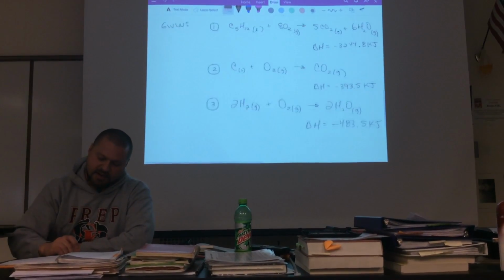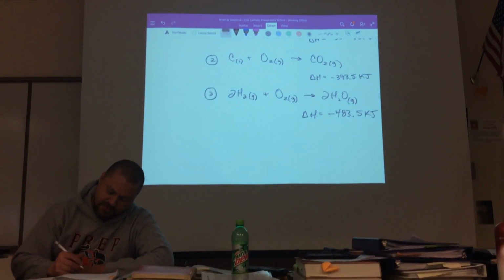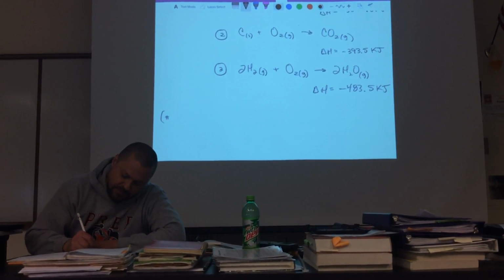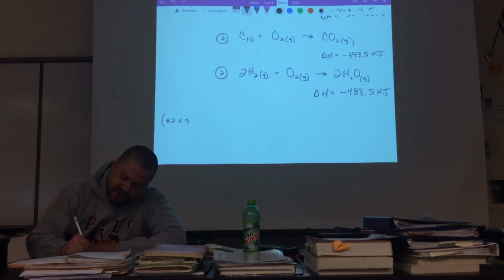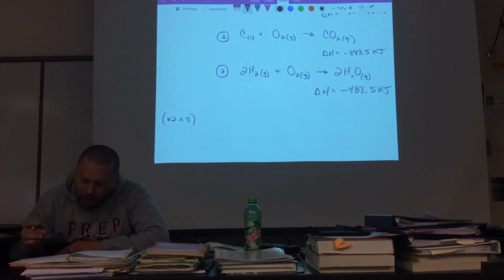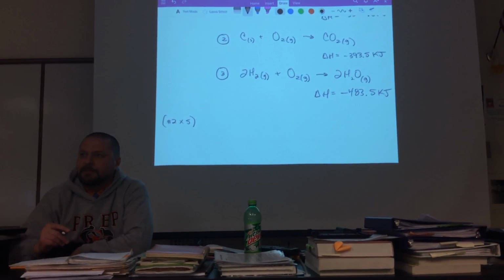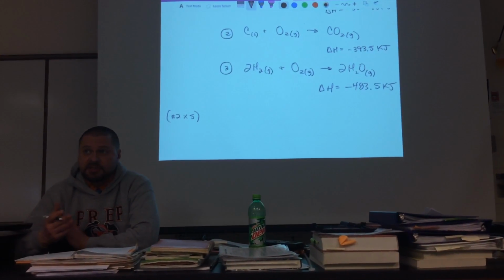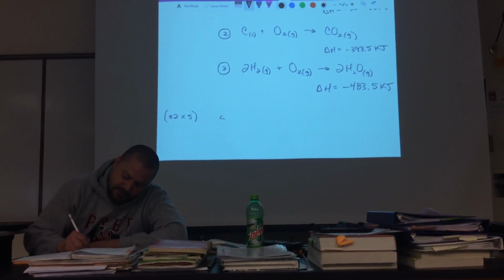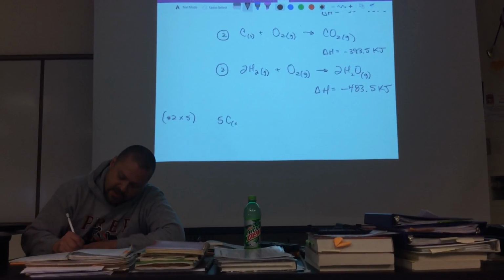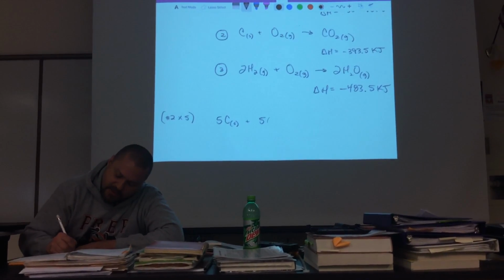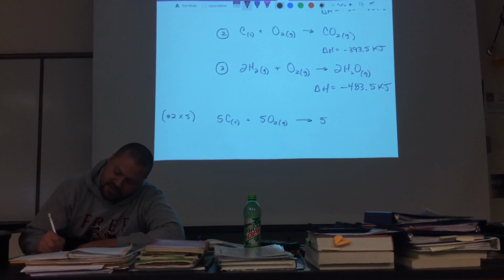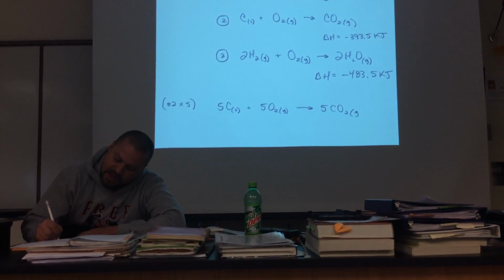So I'm going to take equation number 2 and multiply it times 5. Very good with that? What that gives me is all the coefficients multiplied by 5. So I get 5C solid plus 5O2 gas yields 5CO2 gas.